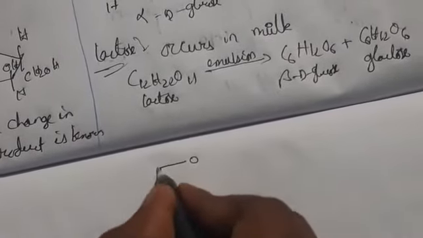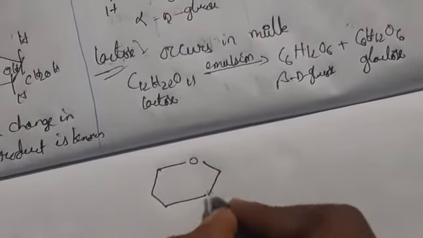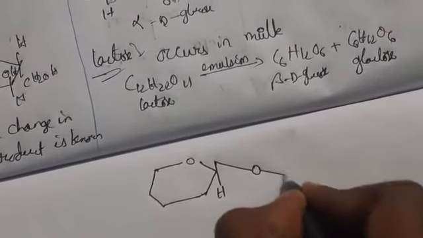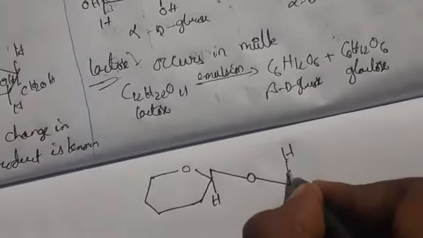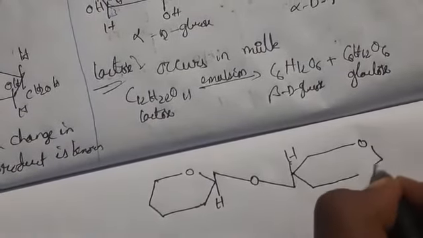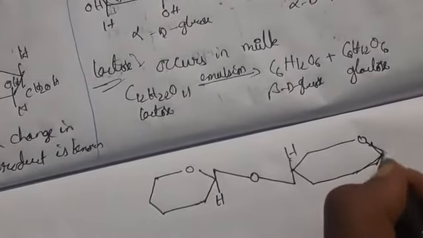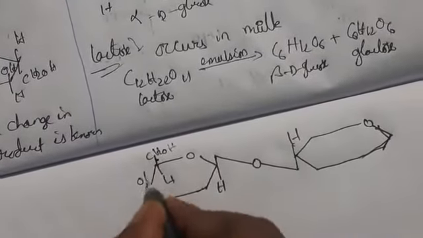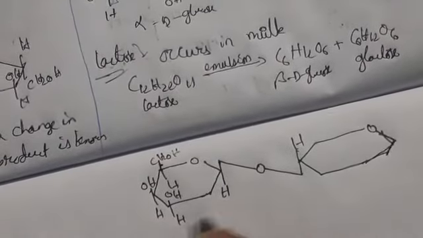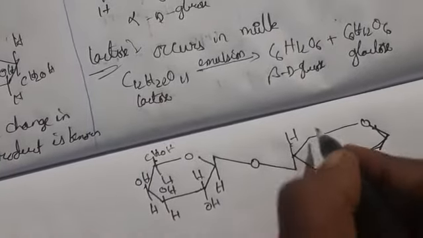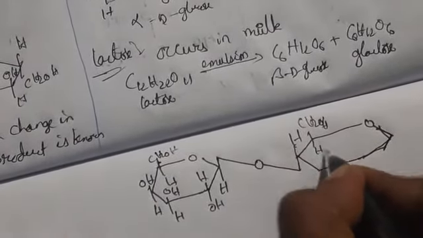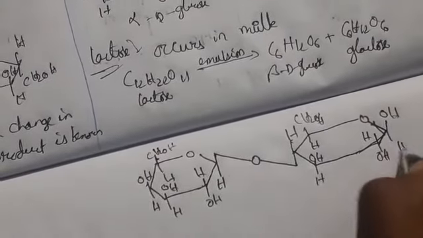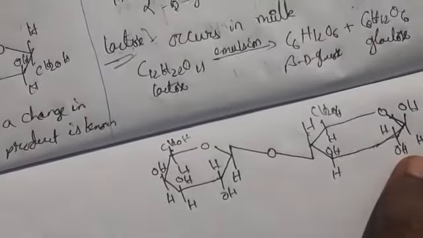The structure is like this: CH2OH, OH, H, OH, H, H, OH, and CH2OH, OH, H, OH, H. Here we have C1 and C4 of glucose and C1 of galactose.